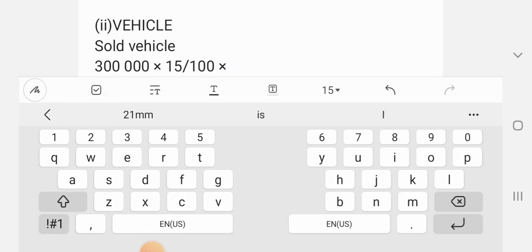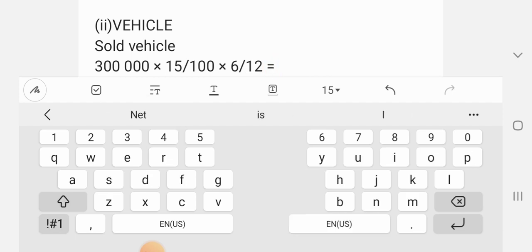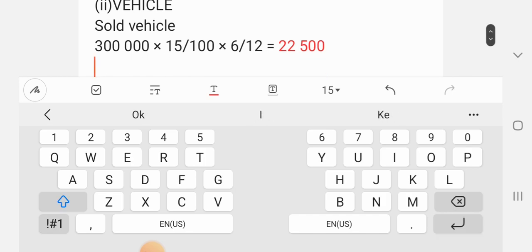So we are going to calculate from the 1st of March at the beginning until August to see how many months the vehicle was in the business this current year. So it's March, April, May, June, July, August. That is 6 months over 12. And then you put that into your calculator. And then you will get the amount of 22,500 rand. So that is the amount.